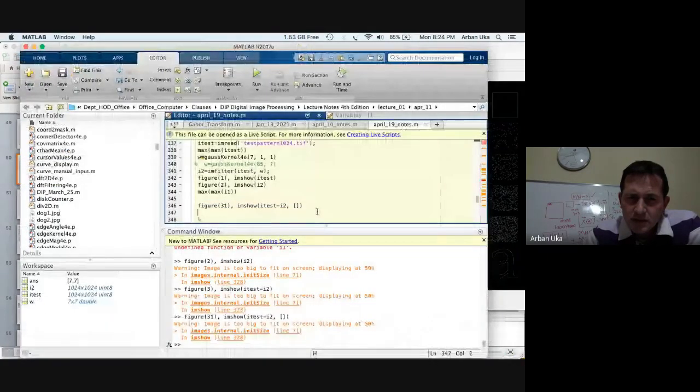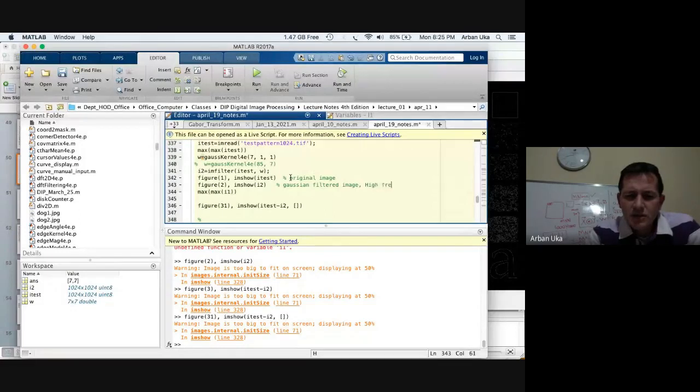In fact, what we obtained: this was the original image. This is the Gaussian filtered image, which means that the high frequency terms are wiped out, which means that it's in bad shape.